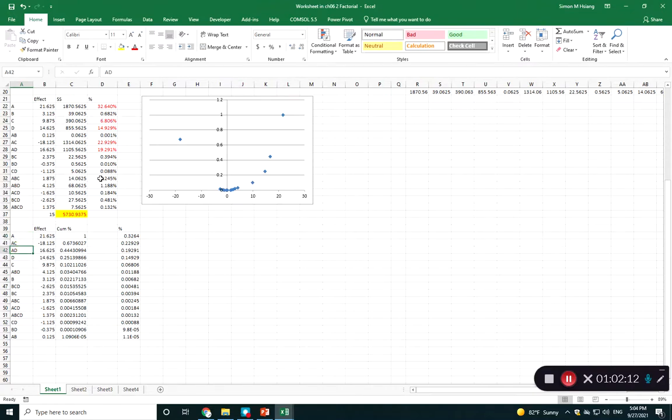Every one of them, stay or not stay, is the red one, and then we lump, or in statistics they call it pool, all the sum of square together and use those sum of square and say that I'm going to call them the error term.